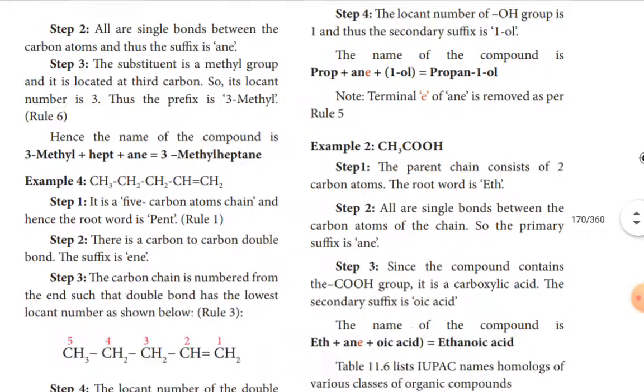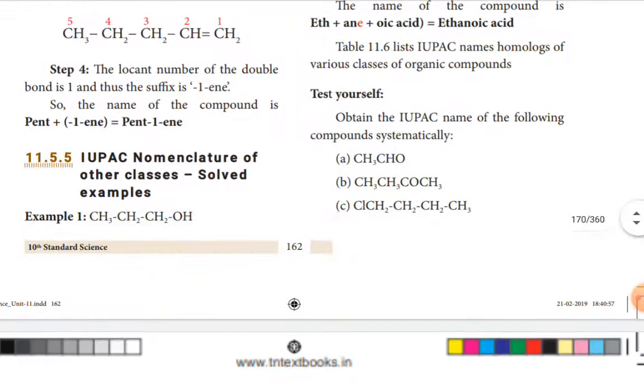First we find out how many carbon atoms: 3 carbons is prop, 4 carbons means butane, 5 carbons means pentane. Here 3 carbons, it is prop, and it is a saturated compound, so propane.